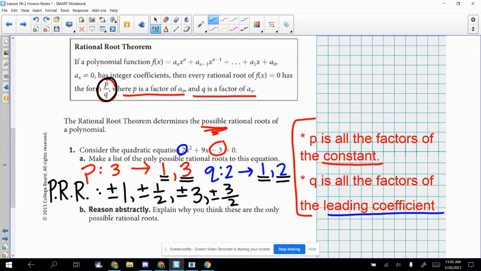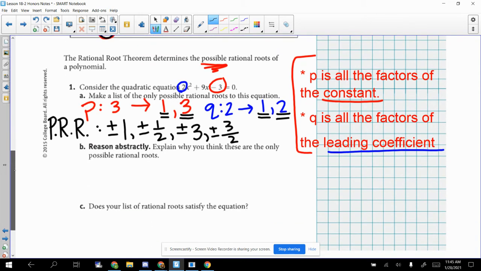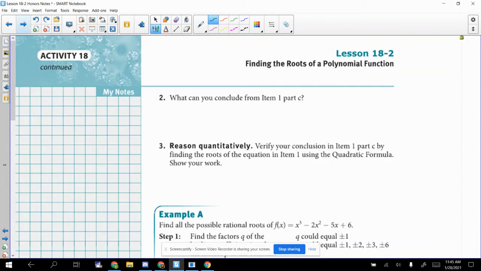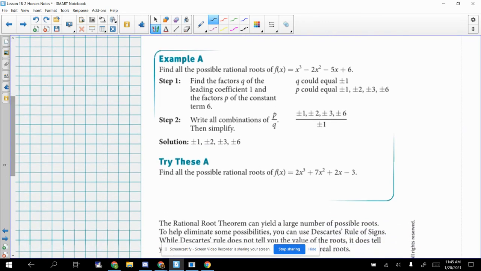So basically, this is just giving us all the numbers that we can possibly work with, and then the other theorems and things are going to help us to kind of work our way down to what the actual rational roots are. Okay. So let's go ahead and take a look at a couple more examples of that. We're going to skip some of this stuff here and jump to page 282, where we are going to look at example A. And it just shows another example where they did the exact same thing we did.